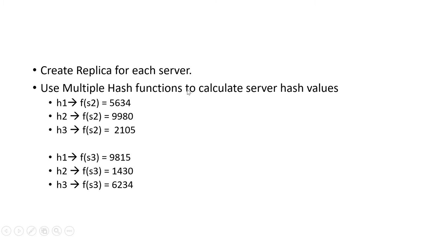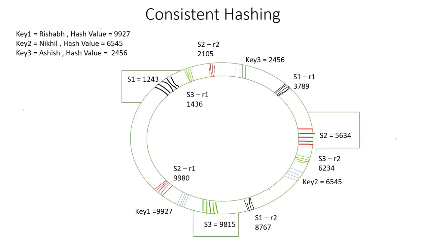So we use multiple hash functions to calculate server hash values. Earlier we only had server 2 hash value as 5634 using one hash function. So we'll use two more hash functions to calculate the replica server location on the ring. For example, server 2 will be present now on three locations, similarly server 3 and similarly server 1. So how it is going to look like is, let's say this was our original server 1.